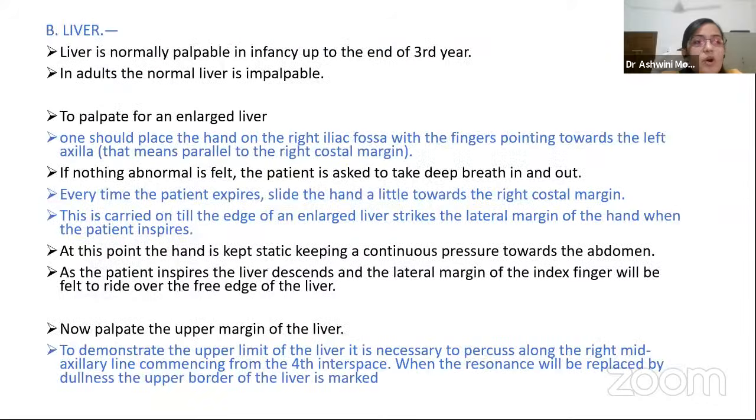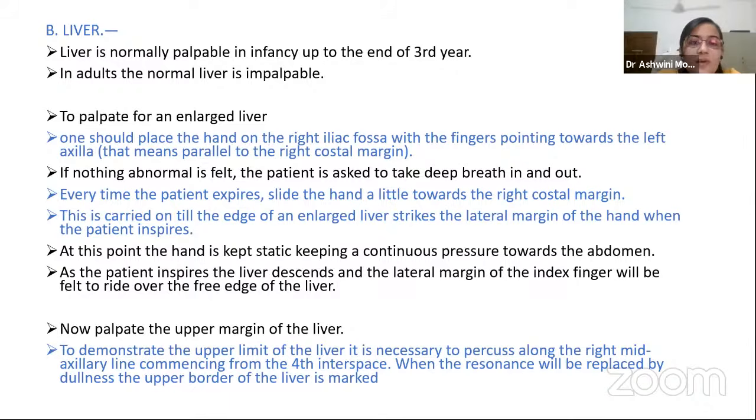After that, the important organ is the liver. The liver is normally palpable in infancy up to the age of 3 years, but in adults, it will be impalpable. So when the liver is palpable and how can we palpate it? To palpate the enlarged liver, one should place the hand in the right iliac fossa with the fingers pointing towards the left axilla.